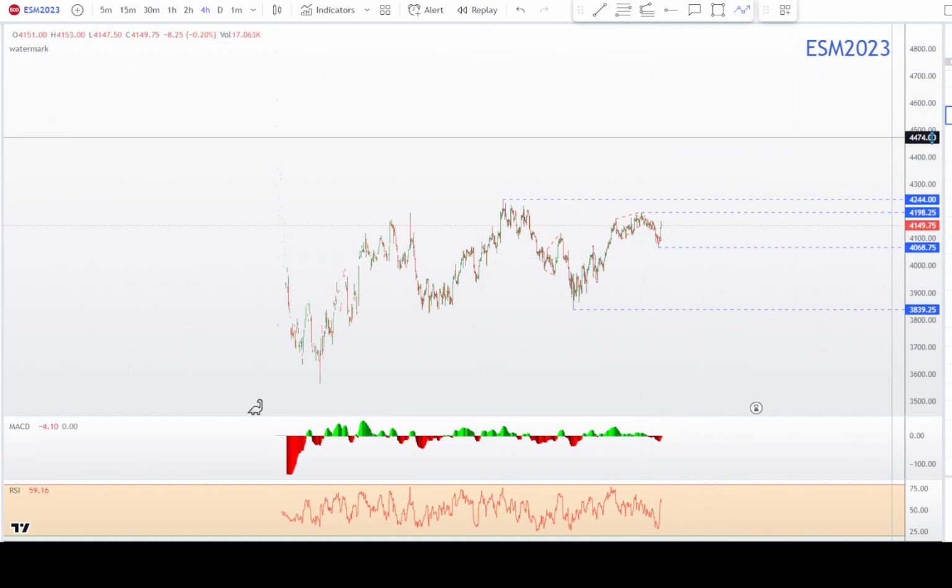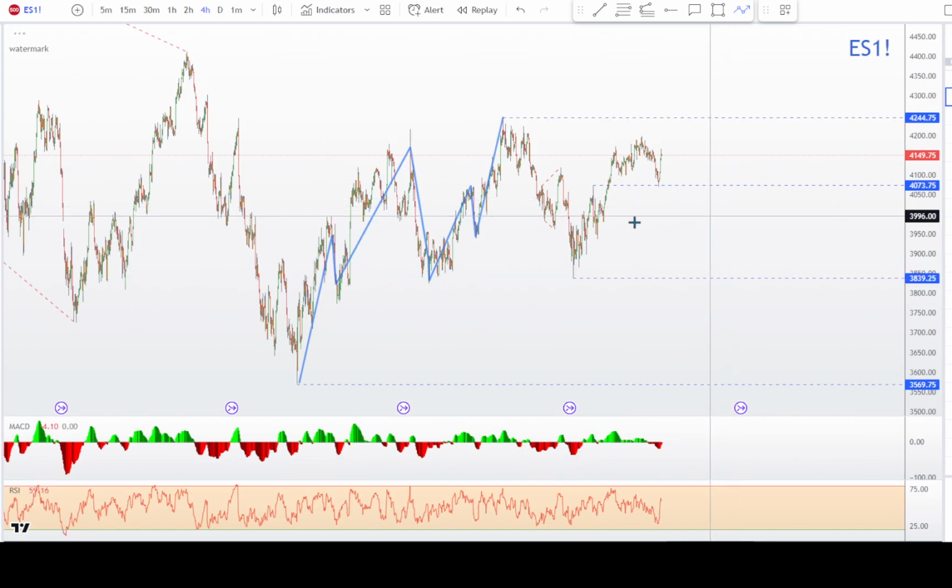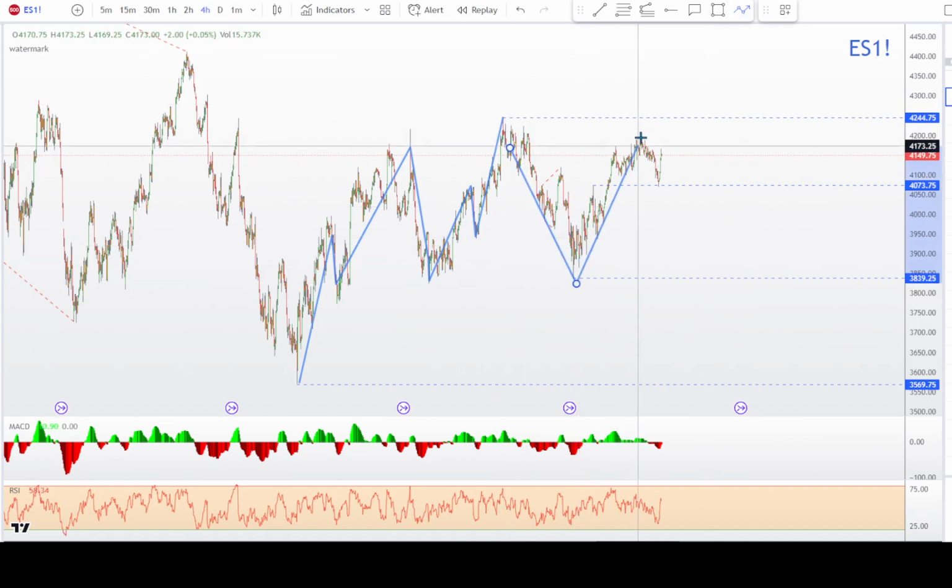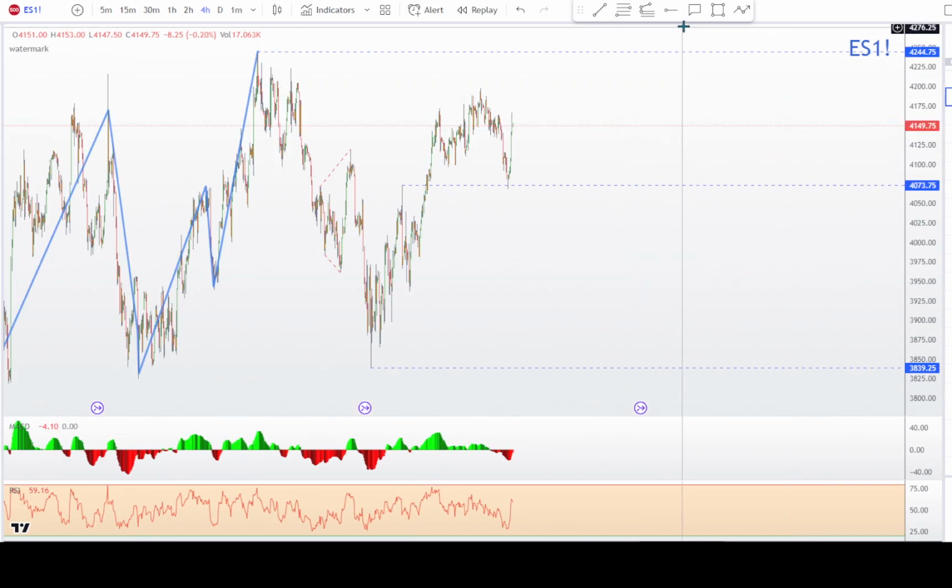But I think that this, let me go back to this one. I think this is just A, B, and C, and now this is 1, and I still think that that's 2. So in the next 2 days, if this gets taken out, my thesis is wrong here.